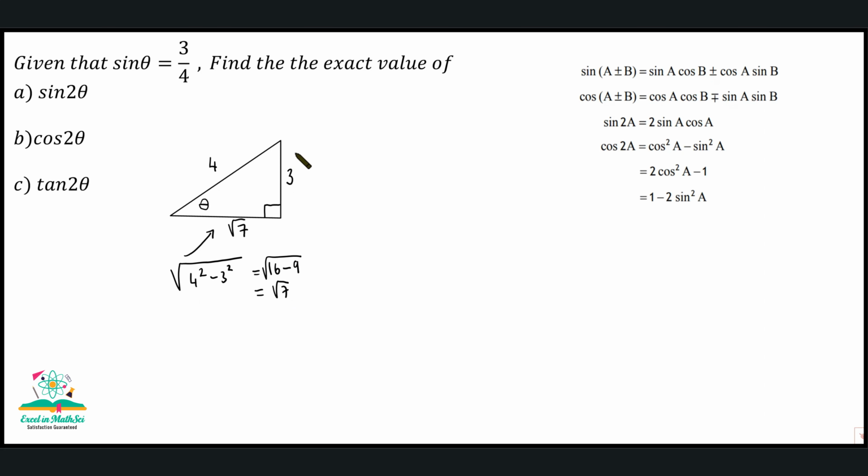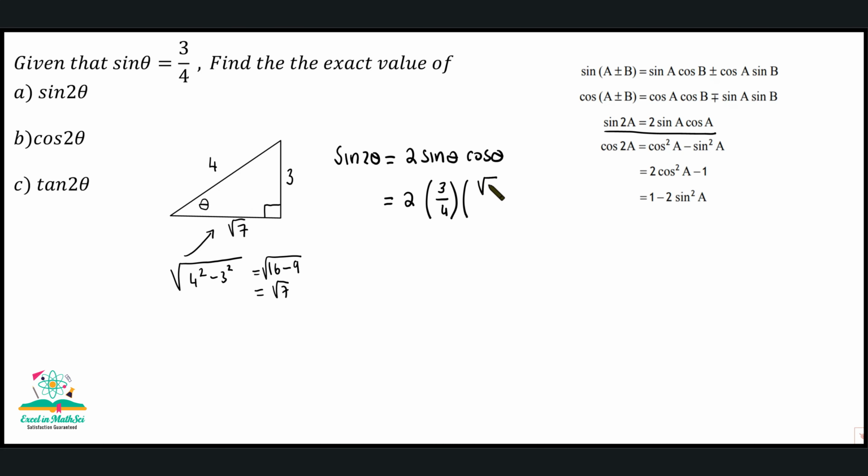Now, to get the sine 2 theta, we're going to use this identity here. So sine 2 theta is equal to 2 sine theta cos theta. So that would be 2 times the sine theta we already know, which is 3 over 4. Now the cos theta, if you remember, cos is adjacent over hypotenuse.